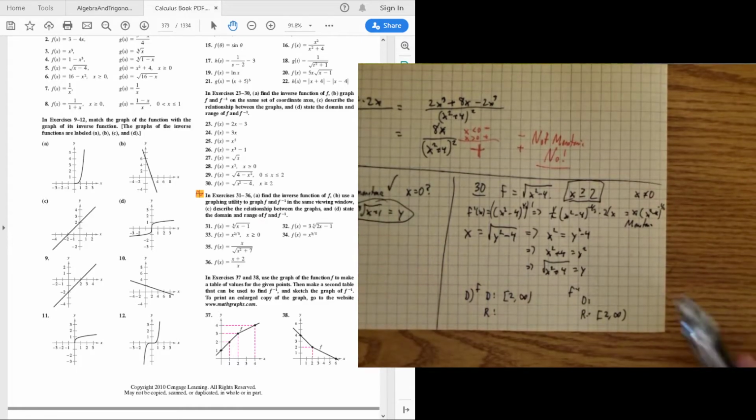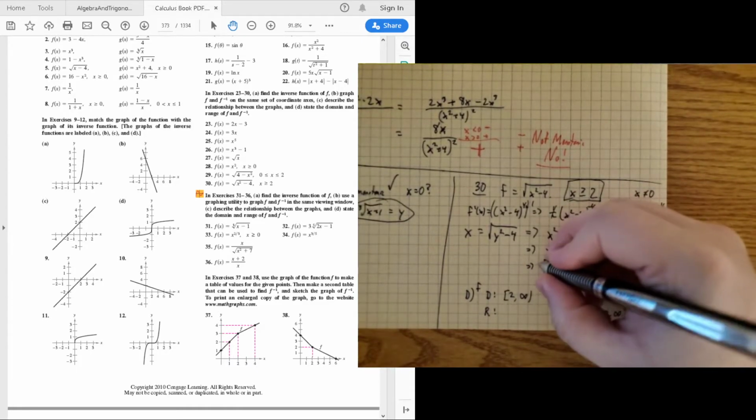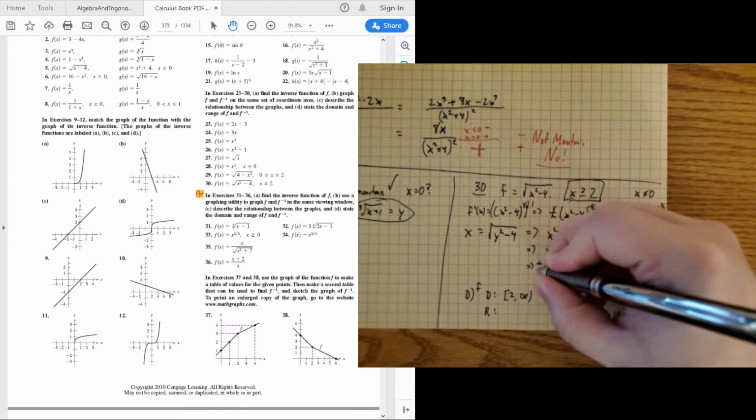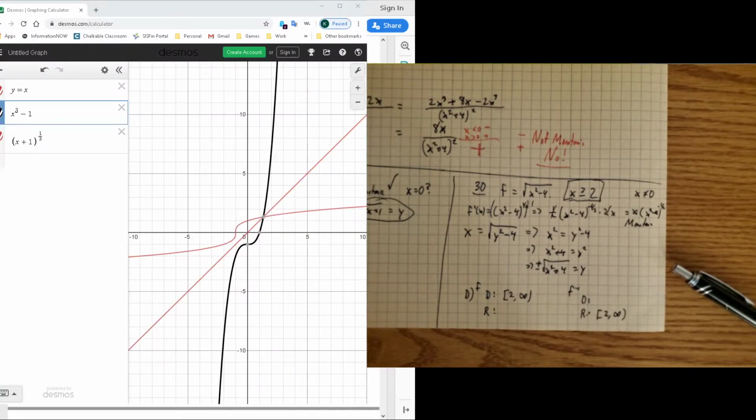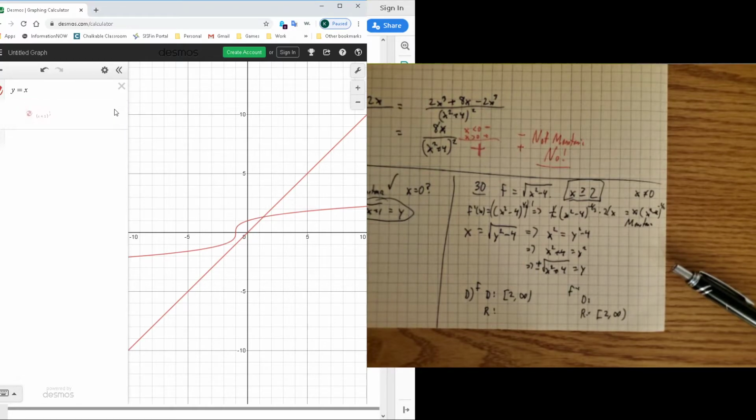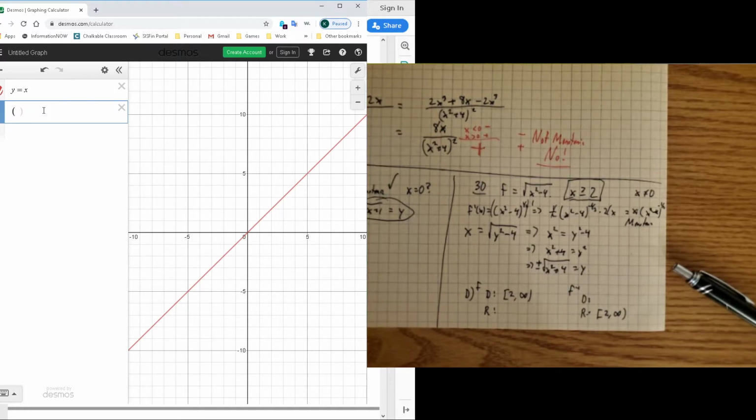Now, important note, when you take a square root, you should always end up with a positive or negative answer. But it turns out one of these answers doesn't work. Let's go ahead and go to the graph. So I pull my graph up. My original graph was the square root of x squared minus 4 to the 1/2 power.